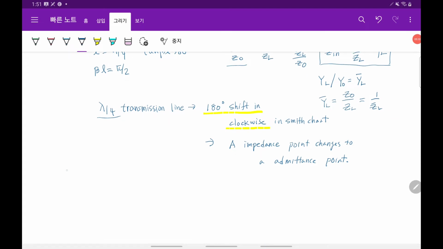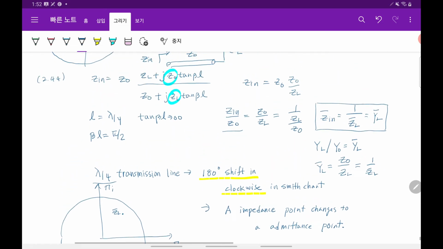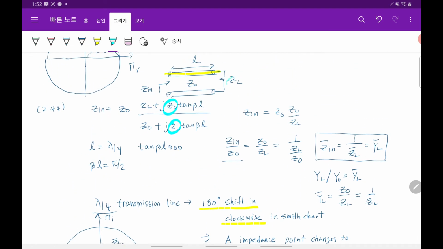So let's draw the Smith chart. If we have the Smith chart here, let's say this is normalized ZL, and we apply the length L, which is lambda over 4 distance.